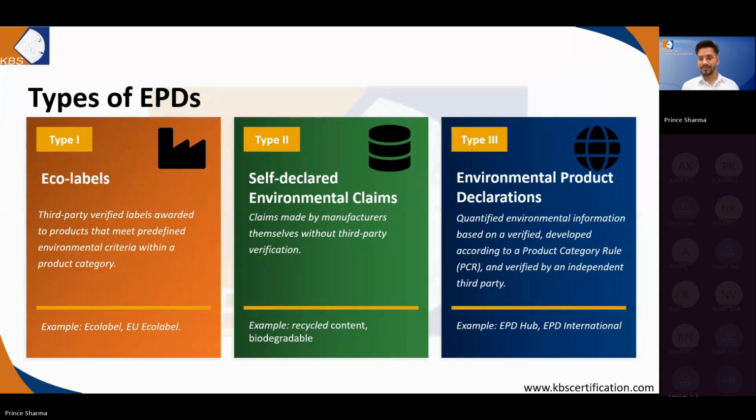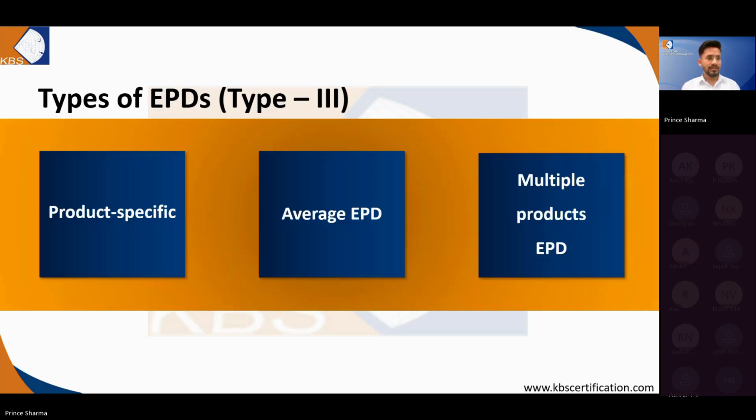If we talk about type 3 EPD examples, EPD International is one example, then EPD Hub is one example. EPD Norway, whose name has changed to EPD Global, is another example of type 3. So if we talk about type 3 EPD, what are the types in that?